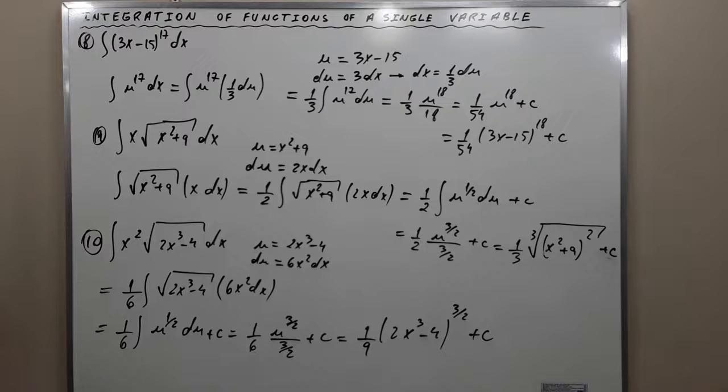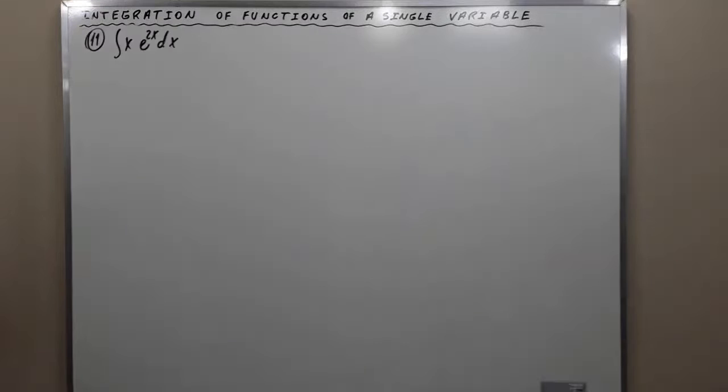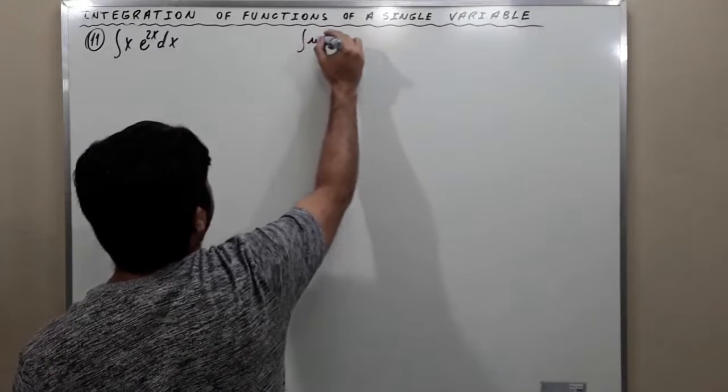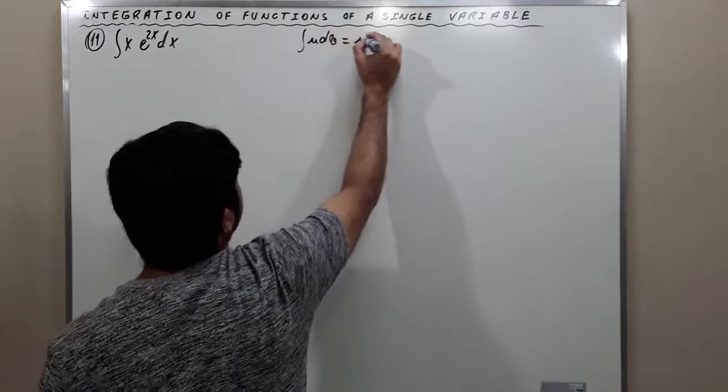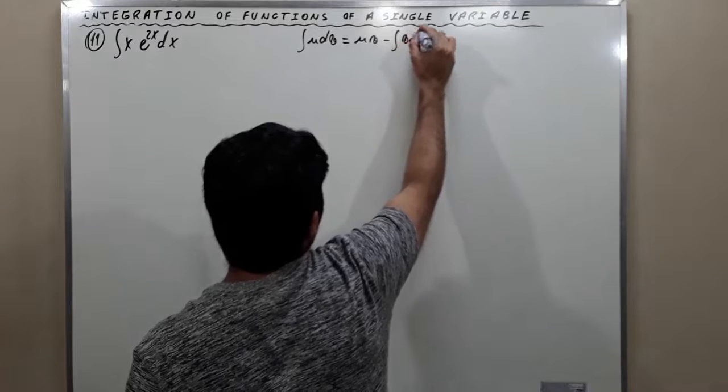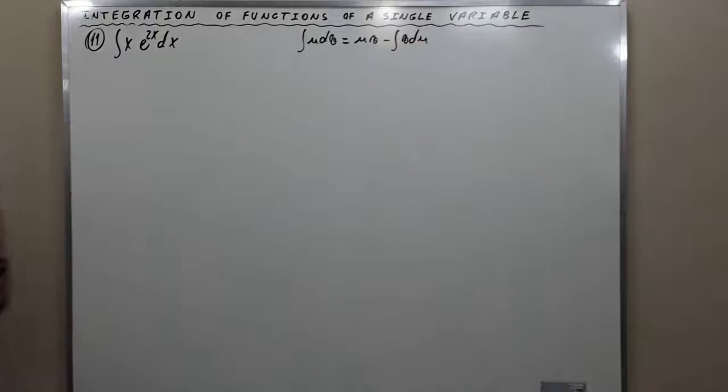Let's do other exercises that involve other techniques. Let's go to exercise 11 then. In exercise 11, we are going to use the following rule. The rule is that the integral of u dv is equal to u times v minus the integral of v du. This is the technique that we are going to use in this exercise.